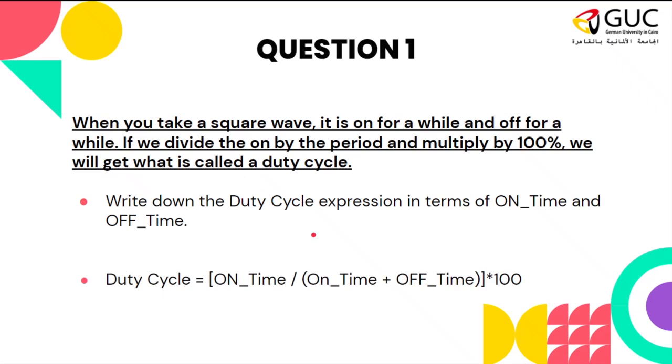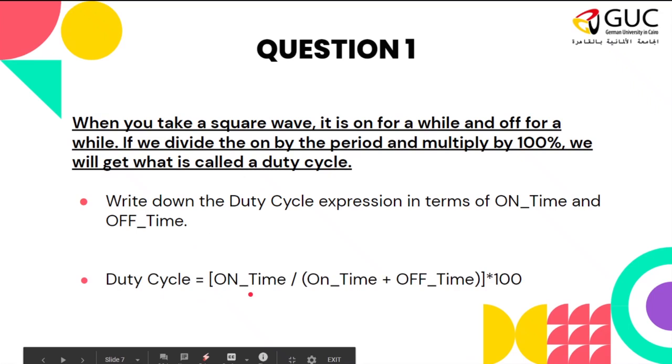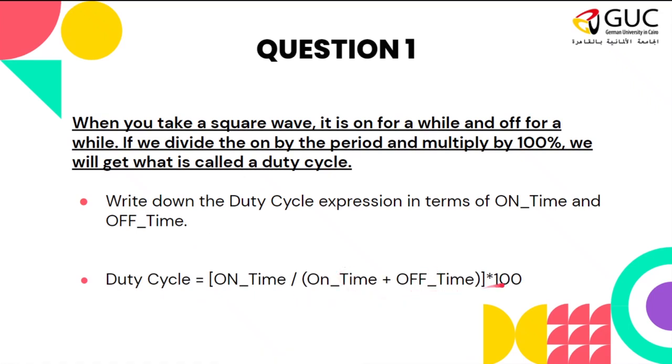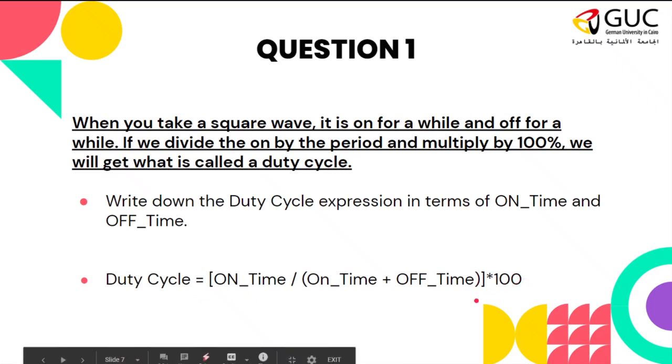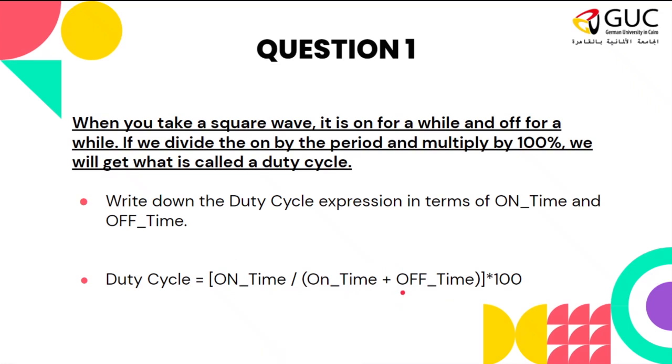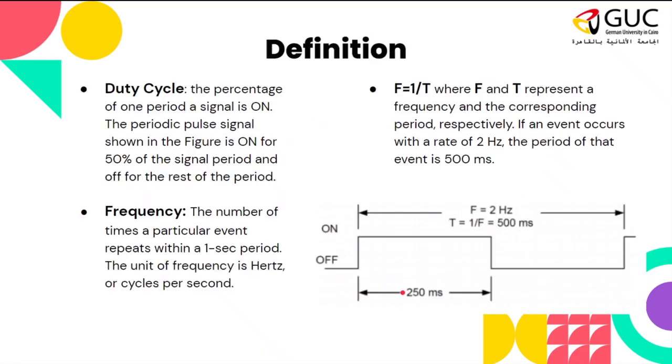As we discussed earlier, the duty cycle is the on time versus the on plus the off time, multiplied by 100 to get it in percentage form. So our expression for the duty cycle is the on time divided by the total time of our signal, or our period.